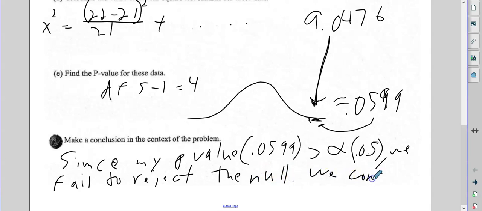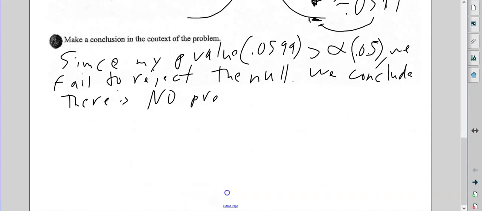We conclude there is no preference on section time.